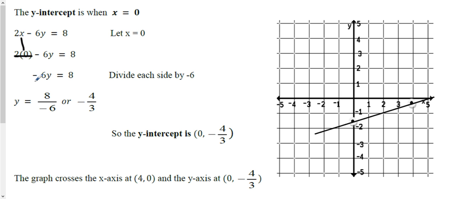So then we're going to divide by negative 6 to get y by itself. And we can see y equals 8 divided by negative 6. And of course, if you divide that out with your calculator and then math fraction it, you'll get the reduced version, negative 4/3.